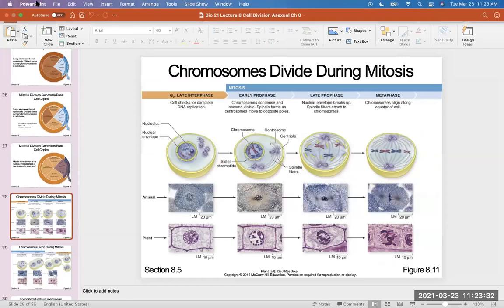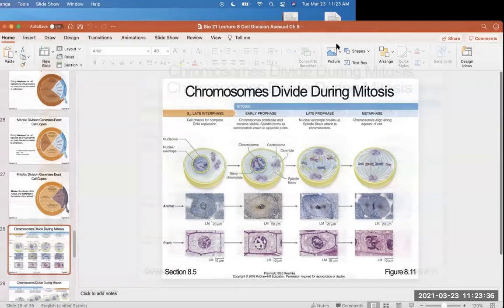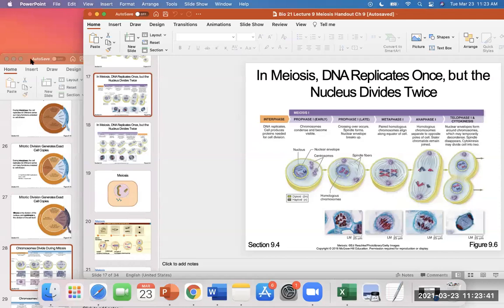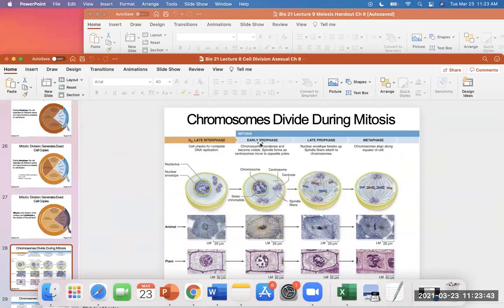Okay, then here I have mitosis. So the first step for mitosis is prophase. It says early prophase, late prophase. And then you kind of want to read what's happening. The reason there is early and late is because sometimes they look at it and this is happening, and sometimes they look at it at this stage.